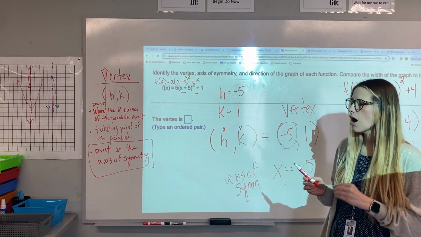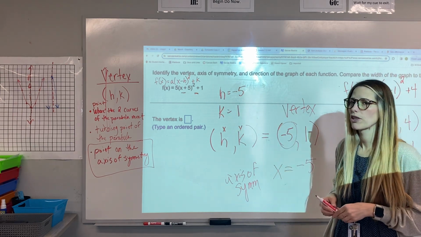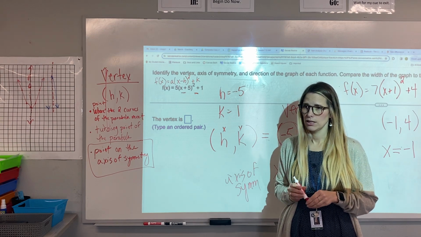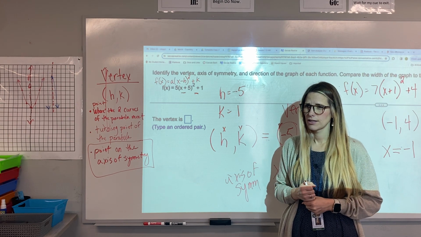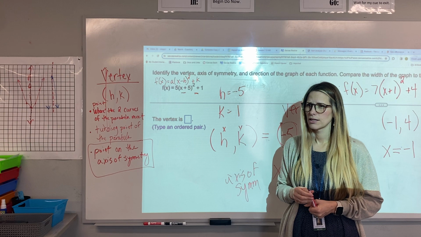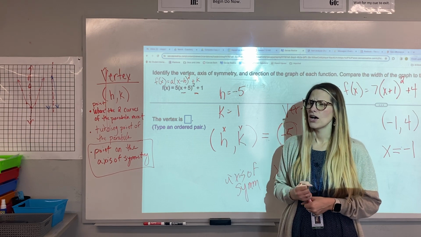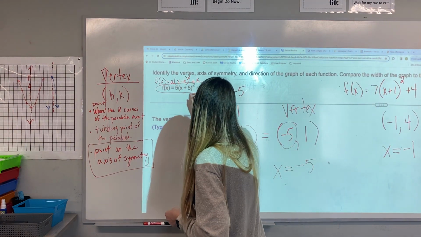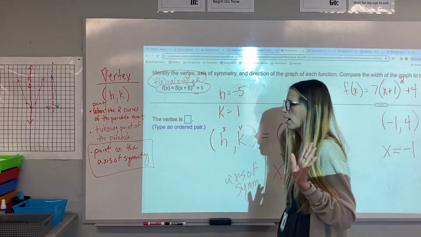What part of the function determines whether it's a happy parabola or a sad parabola? What part of this or this, you can name either one.